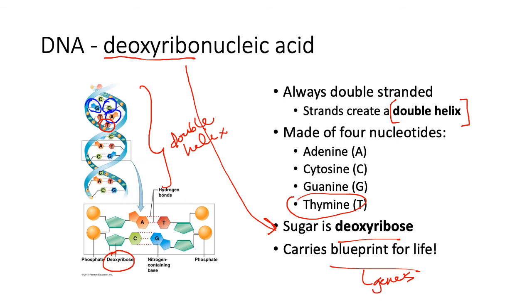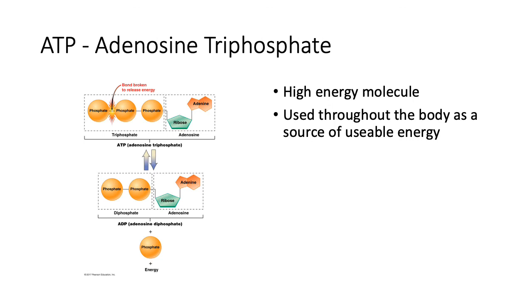All right, and finally, the last molecule that I want to talk about that falls under our nucleic acids because it's made from a nucleotide is ATP, or adenosine triphosphate. Adenosine triphosphate is an adenine nucleotide.